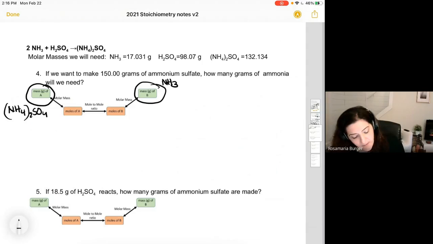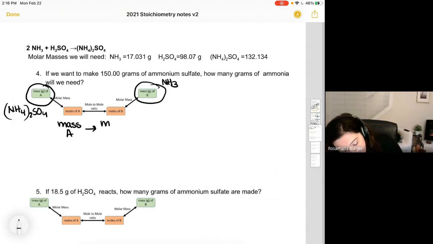So the way we're going to do that is we're going to start with the mass that we're given, mass of substance A, we'll just say A, so we don't have to write out all the letters. We're going to go to moles of A using our molar mass, and I actually have that up top here.